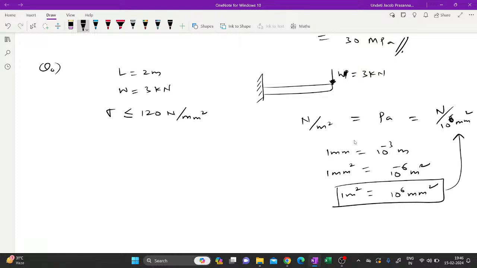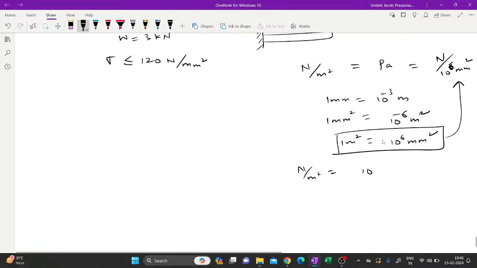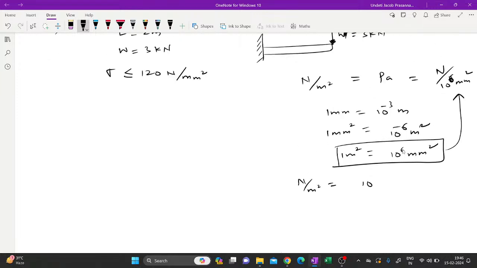So 1 Newton per meter square is equal to 1 Newton per 10 power of 6 millimeter square. This implies 1 Newton per millimeter square is equal to 10 power of 6 Newton per meter square.